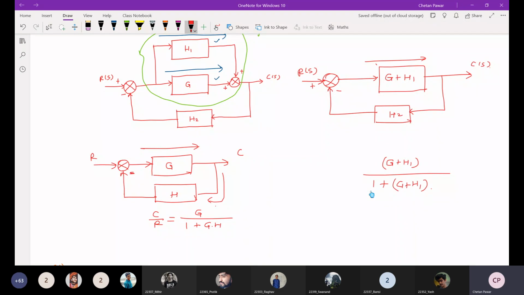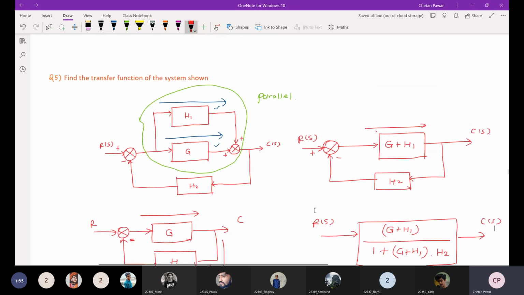What is the feedback path gain here? H2. So this will be the reduced block for this particular closed loop.